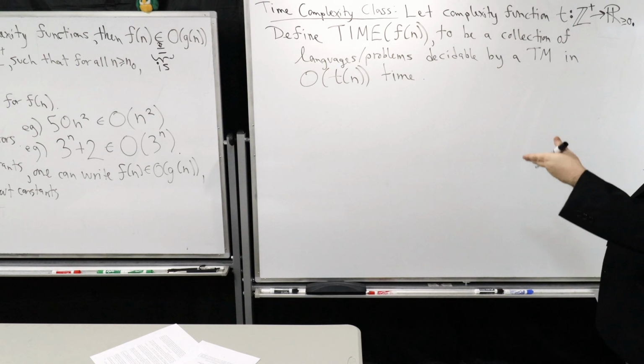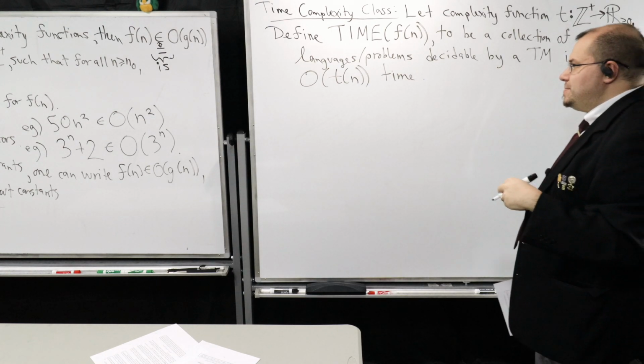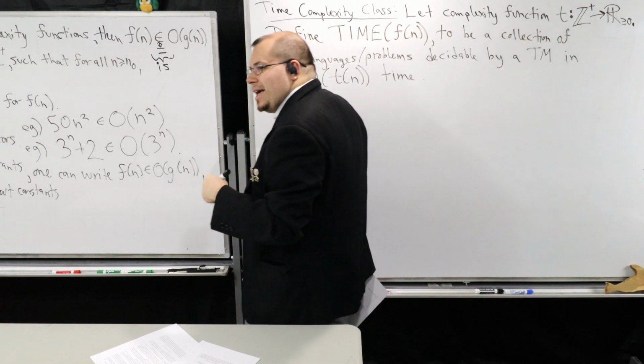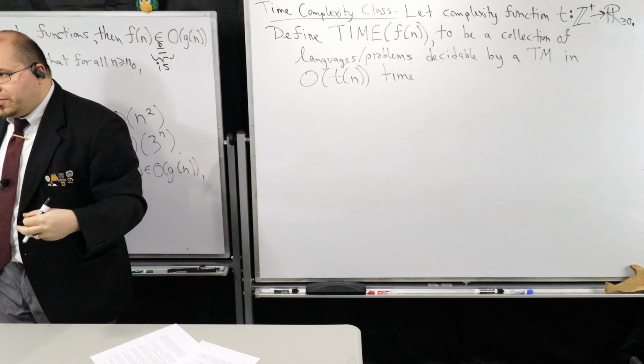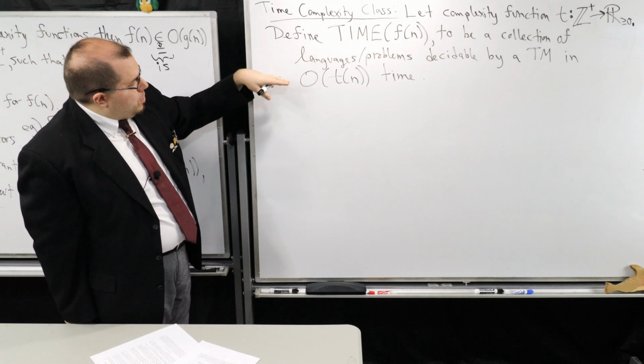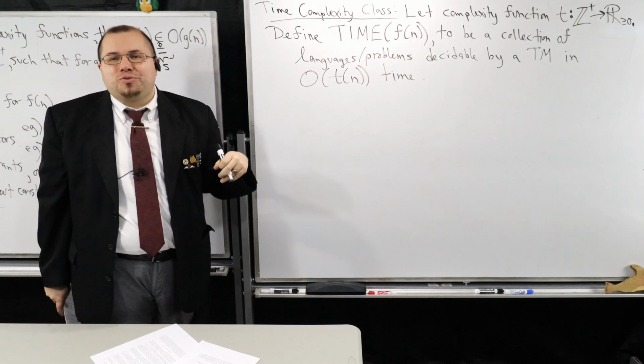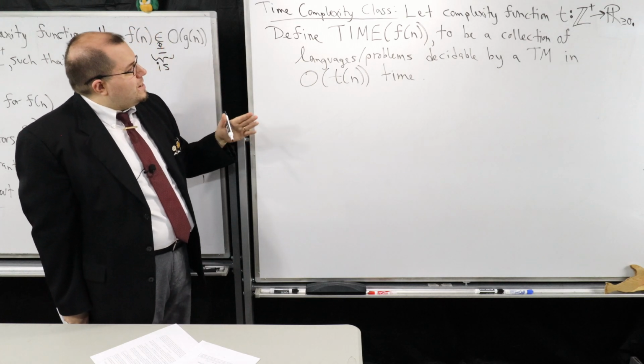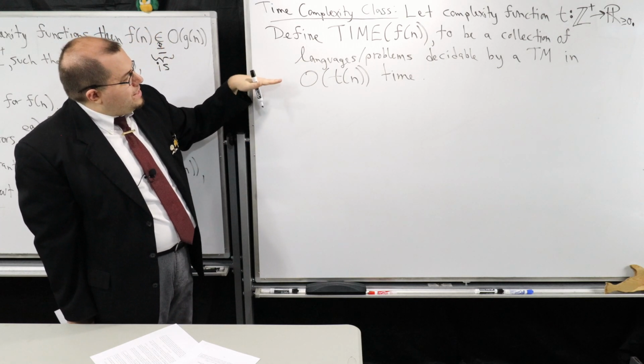So time for a given function will consist of all of the languages or problems, however you want to view this, that are going to be solvable, if you think about this in terms of problems with algorithms, in this amount of time.